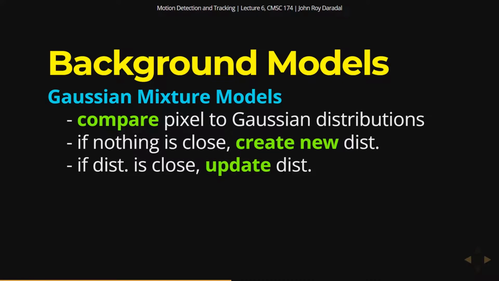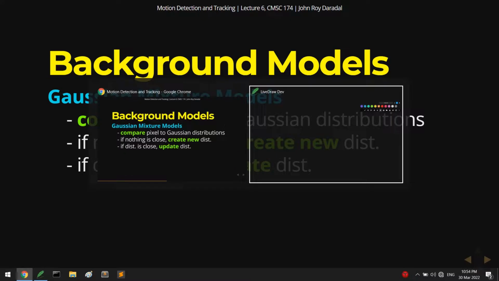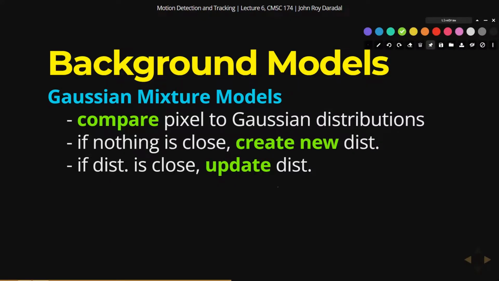But if something is close, or if it's a match, then you also update the distribution, because you've seen a new instance of that part of the background. Let's say your distribution looks like this, centered at 127, but then it matched at, let's say, 135, and it was considered a match.